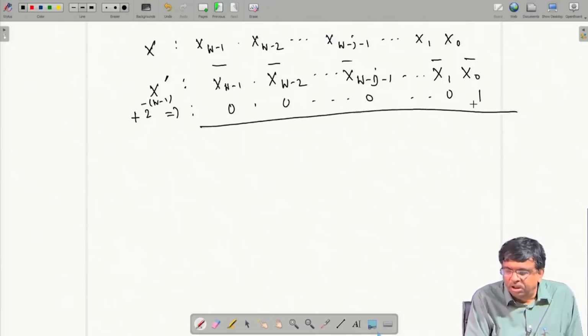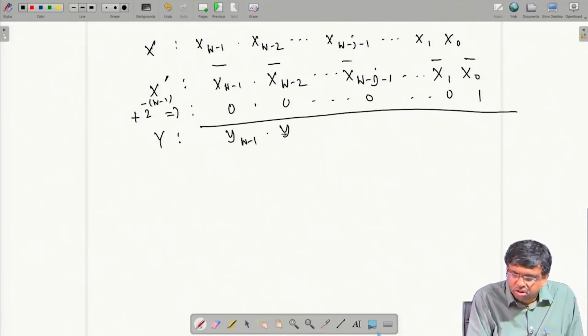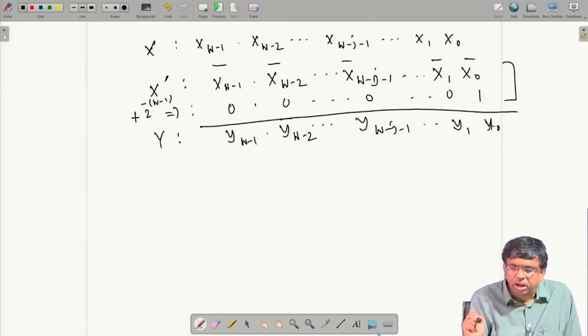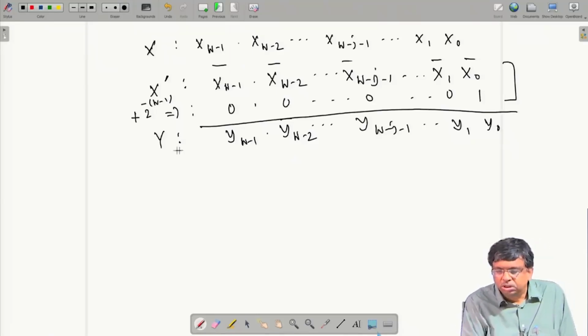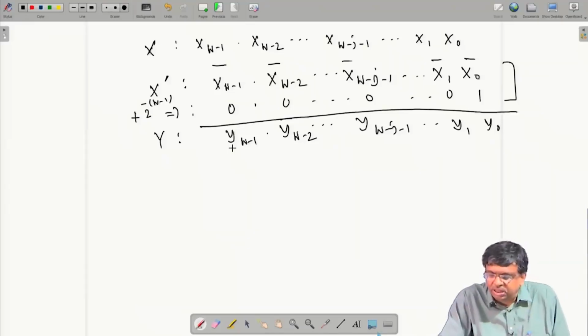And the resulting number, if I call it y, it will be y w minus 1 dot y w minus 2 dot dot dot y. So, if I am adding the 2, all right. Question is, what is this y? That is the thing we will evaluate. But before that, let us examine some basic thing.